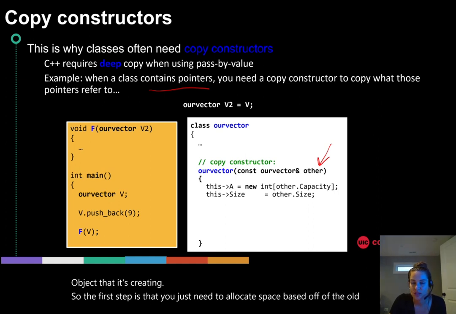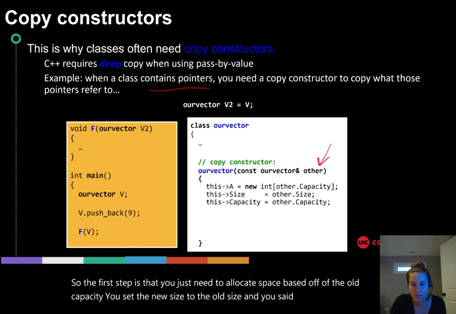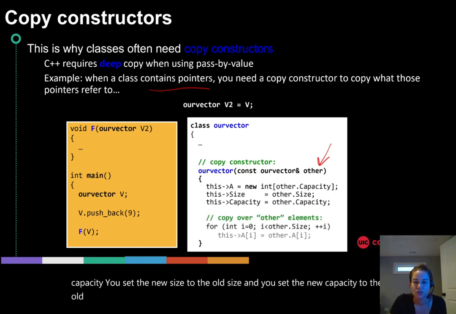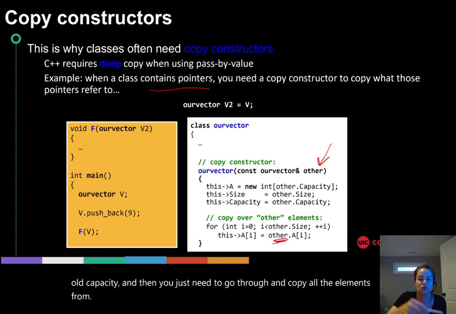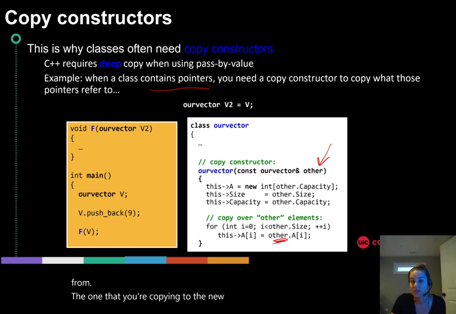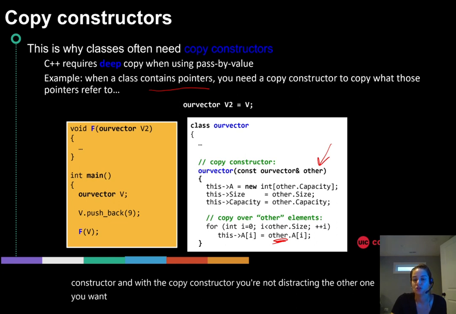You set the new size to the old size, and you set the new capacity to the old capacity. And then you just need to go through and copy all the elements from the one that you're copying to the new one. And that's the basic idea of a copy constructor. And with a copy constructor, you're not destructing the other one. You want to keep it, and so you shouldn't delete anything in the copy constructor.